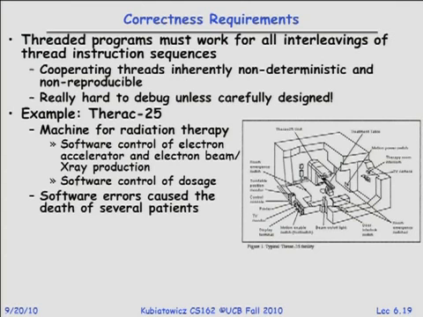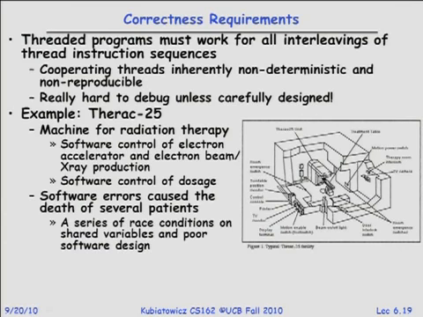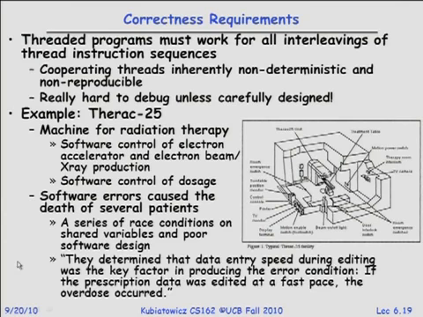Oops is exactly right. What happened is they gave them way too much dosage of radiation, and as a result they had some very bad symptoms for a month or 2, and then the worst symptom was they were not alive afterwards. What's worse about this is this was a series of race conditions in the software. They didn't design the software well, and as a result caused these race conditions. A particular one that I think is amazing here is this quote from a paper, by the way, that I put up for reading on the lecture page.